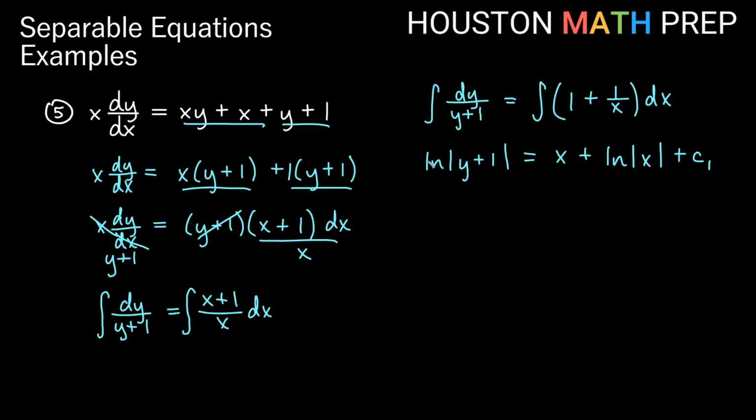So let's first go ahead and get rid of the ln. So take the exponential base e of both sides. So everything becomes an exponent, right, that we have. Now e to the ln reduces, right? So I get just absolute value of y plus 1 here equal to e to the x plus ln of absolute value of x plus c1, all in the exponent.